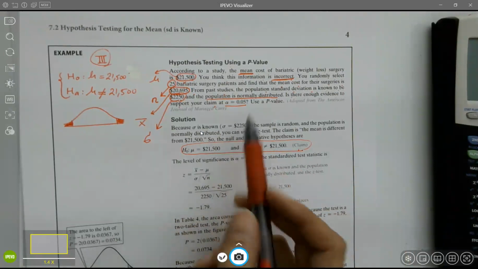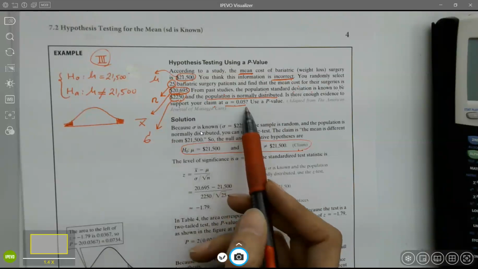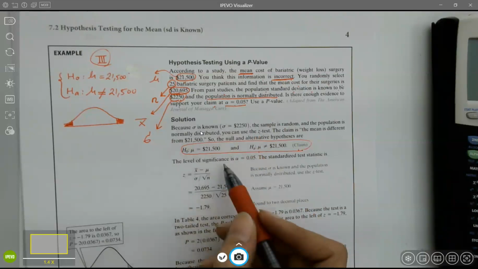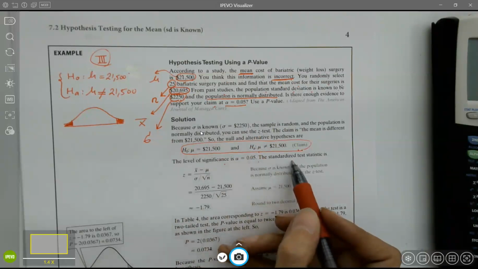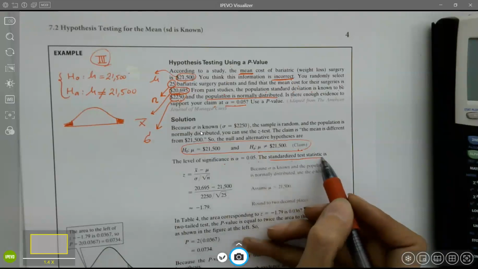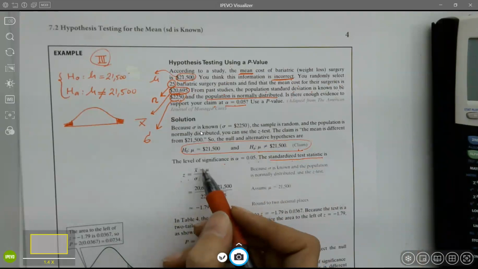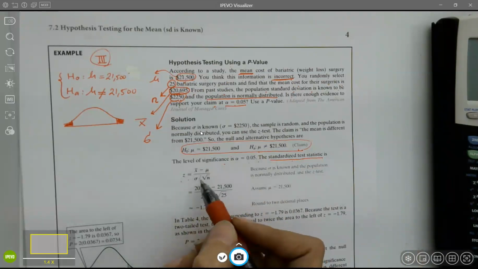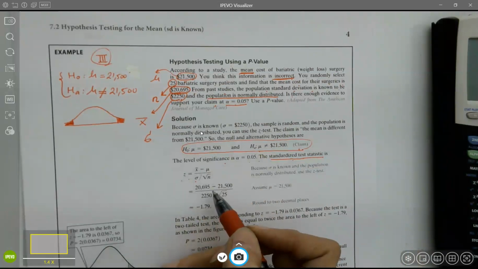We are given alpha, the level of significance, which is 5%. Your job is to construct the standardized test statistic, z equals x bar minus mean, divided by sigma over square root of n.